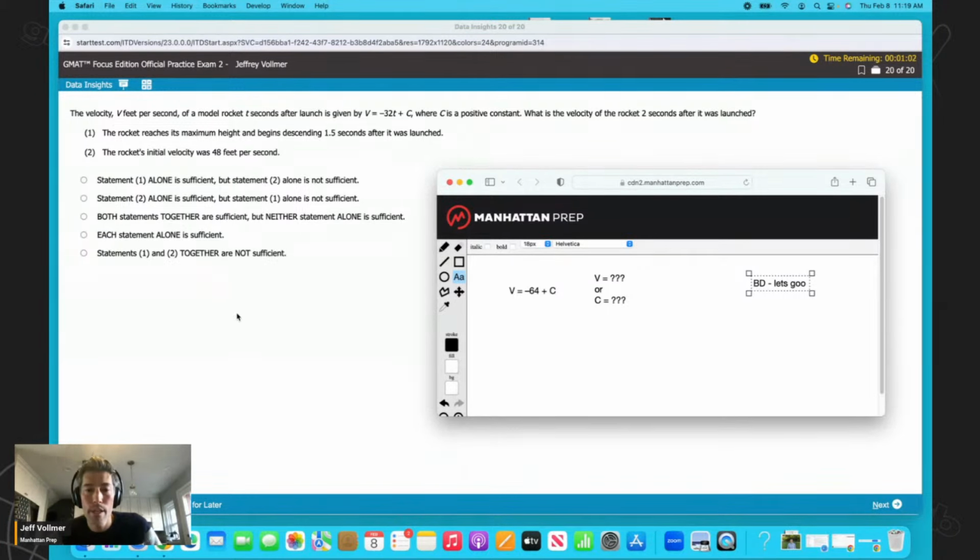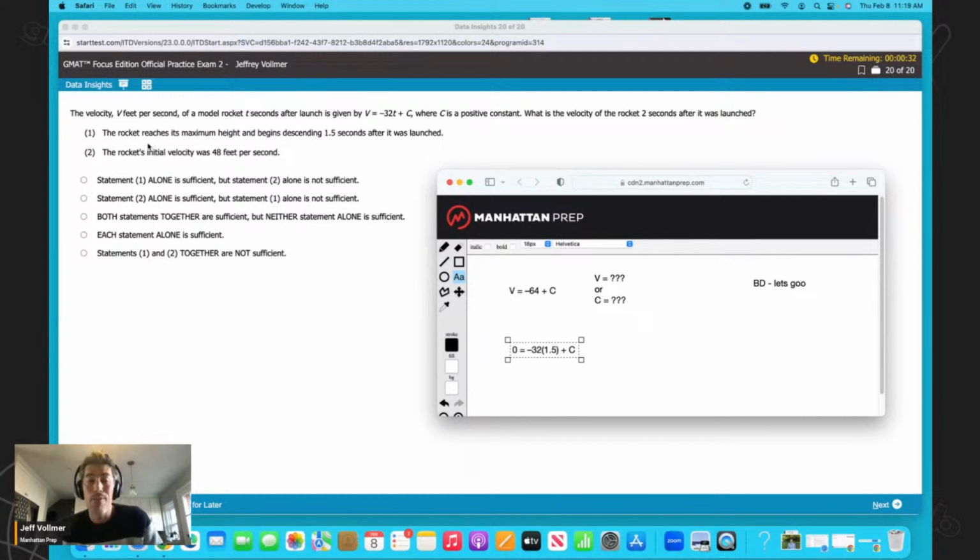So what we could do in here is just write out, okay, 0 is equal to negative 32 times 1.5 plus c. Solve for this. This would give you, again, negative 48. So c would have to be positive 48. Basically, there's a specific value of c that solves this. So you can figure out what c is from statement 1. So that also seems to be sufficient for me. Statement 1 was sufficient. It just told you what c was, 48.